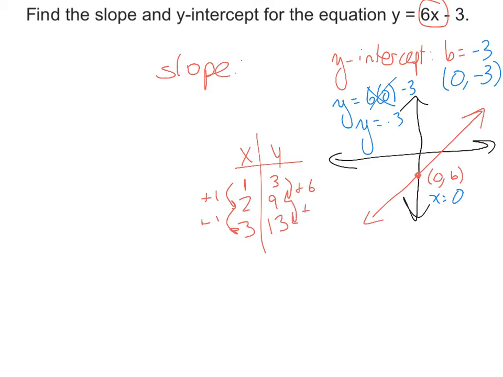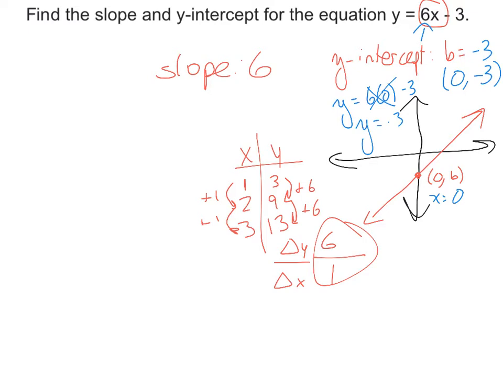So my rate of change tells me that as y changes, so my delta y is 6 over my delta x, which is 1. There's my slope. So my slope is 6 over 1, or just 6. Well, this number right here in front of x is always going to give you the slope, because that tells you how much y changes as x changes.